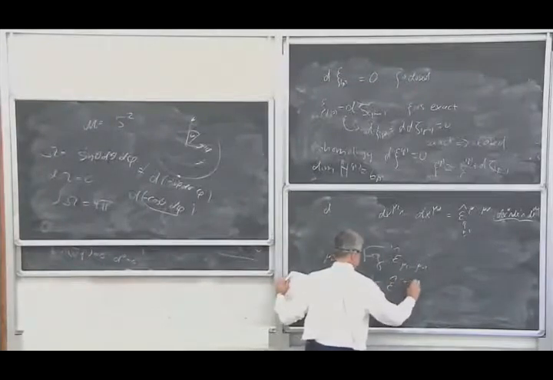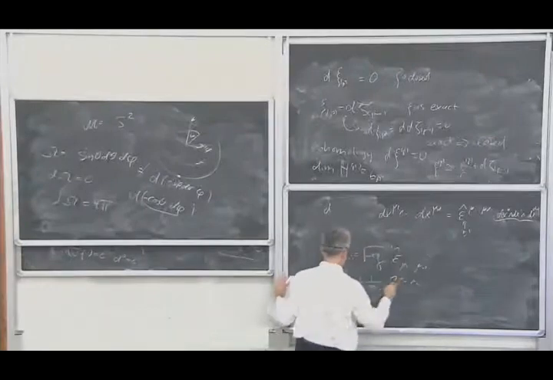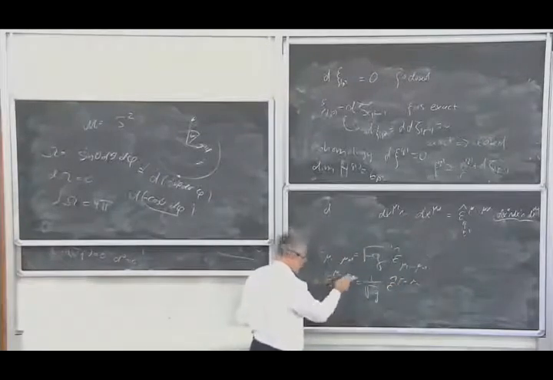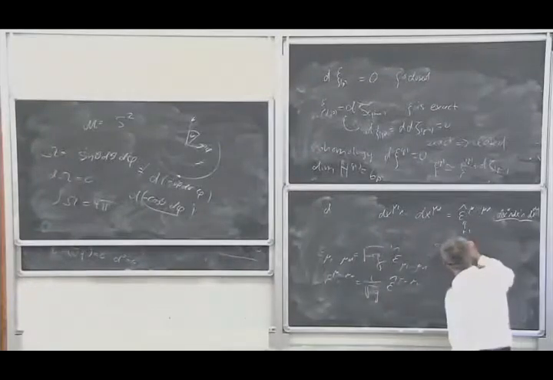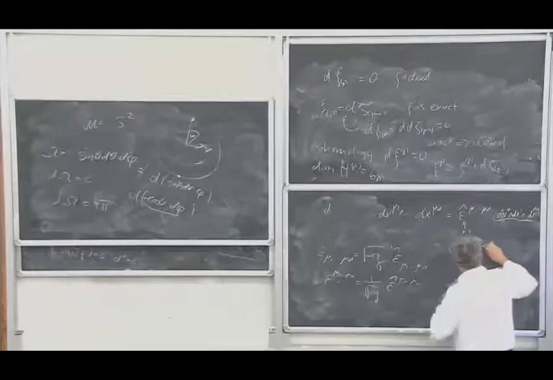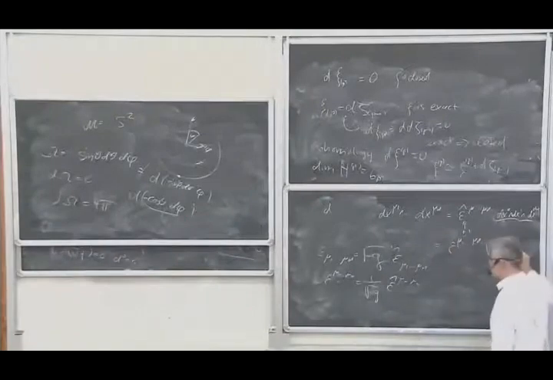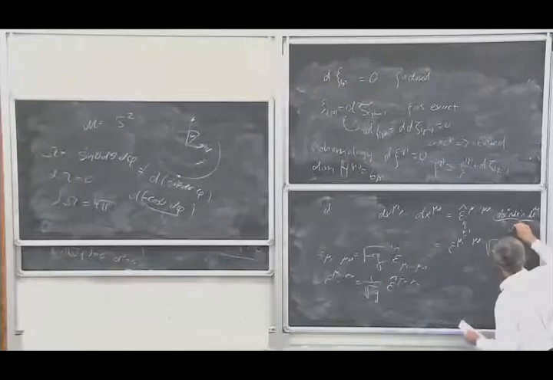So you can rewrite this epsilon hat in terms of the true tensor as epsilon mu 1 to mu d square root minus g d dx.